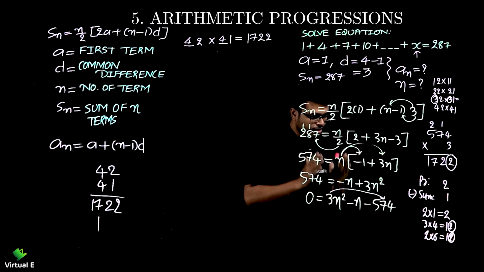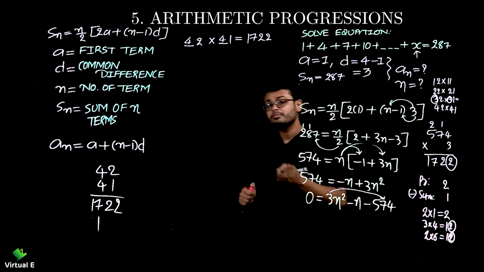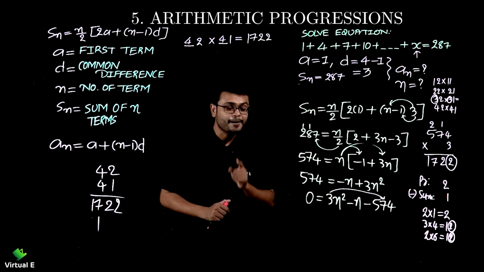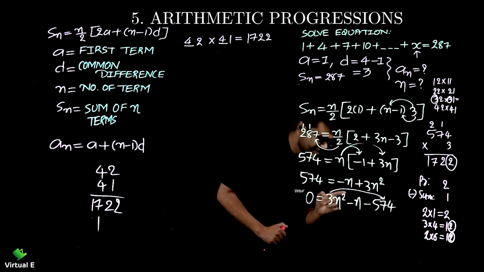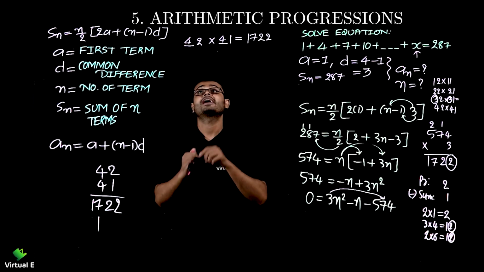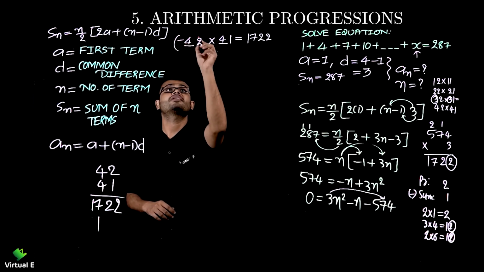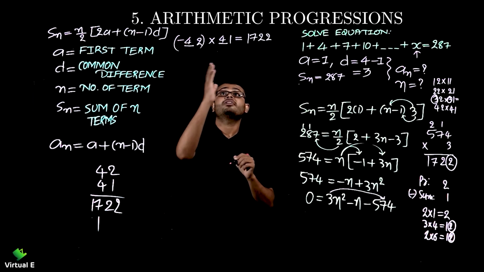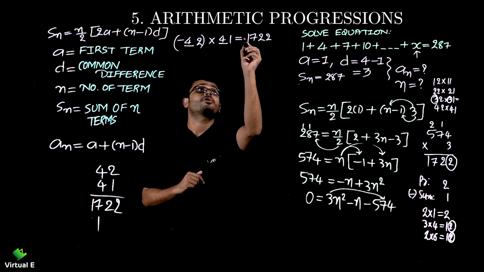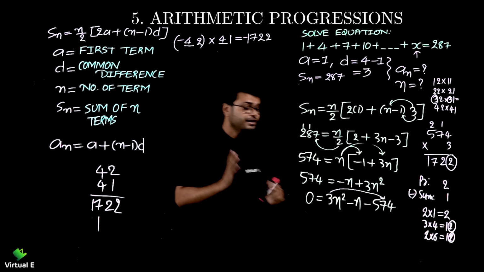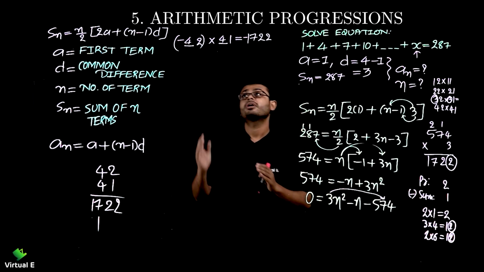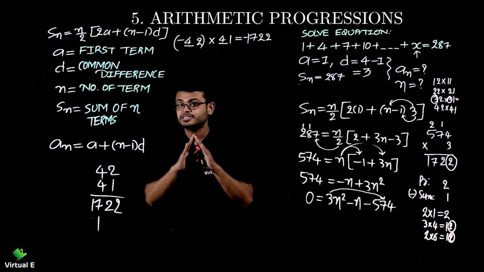Simple. Now about the sign, my product should be negative. And what is the sum? See the sum. The sum is negative. So the bigger number is negative. So if I take the bigger number 42, I need to take 42 negative and 41 positive. So my product is negative and my sum is also negative. So my two factors are done.